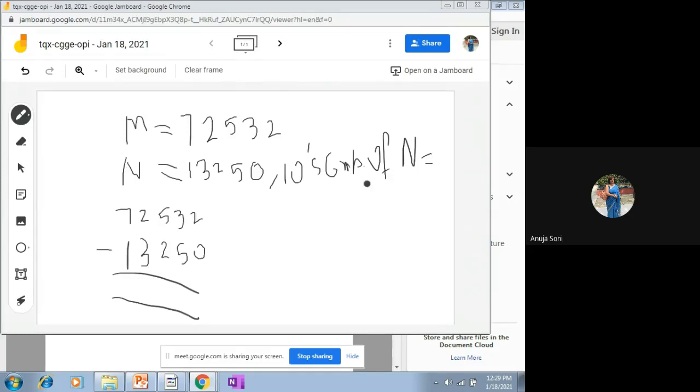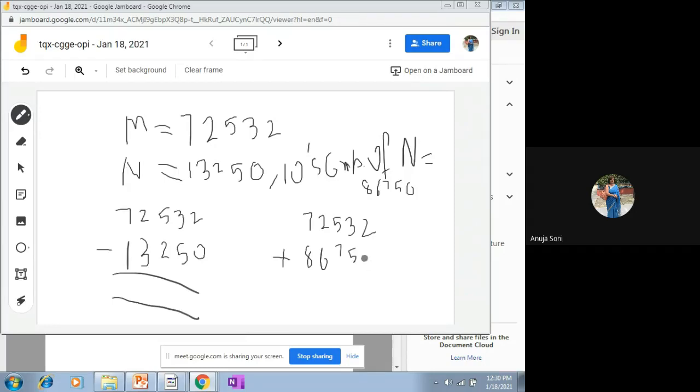What do you have to do? You now simply need to add these two values: first the value of m, 72532, and second the tens complemented value of n, which is 86750.